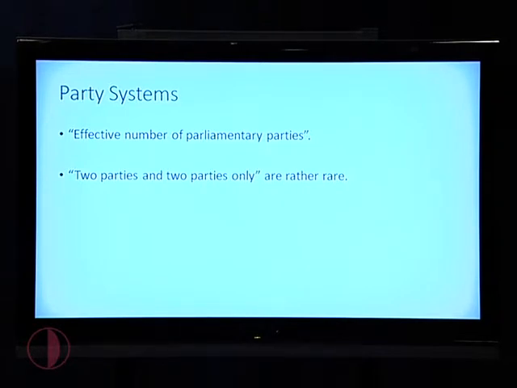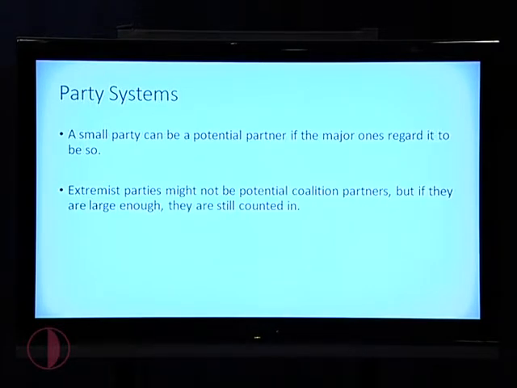It is more usual that we have one party in government and more than one party in opposition. A small party can be a potential partner if the major ones regard it to be so. Extremist parties might not be coalition partners, but if they are large enough, they are still counted in.